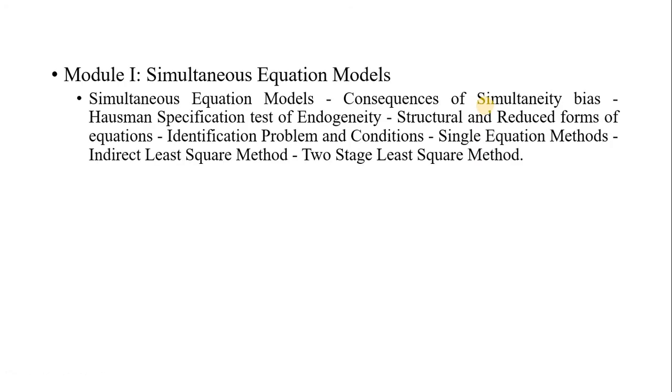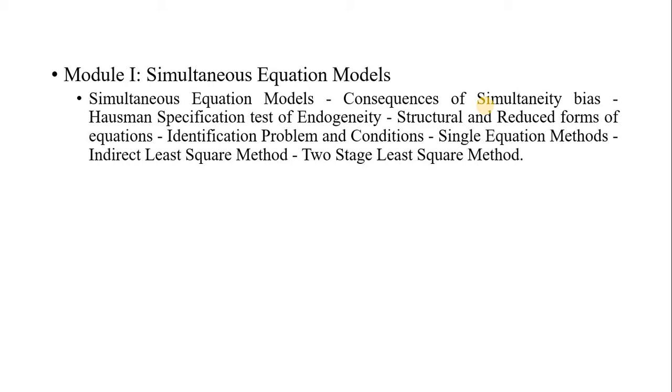The first module deals with simultaneous equation models. As you have learned in mathematics, there will be 2 equations. So far in our basic econometric classes we have learned only 1 equation, but in economics, in certain cases, there are joint determinants.